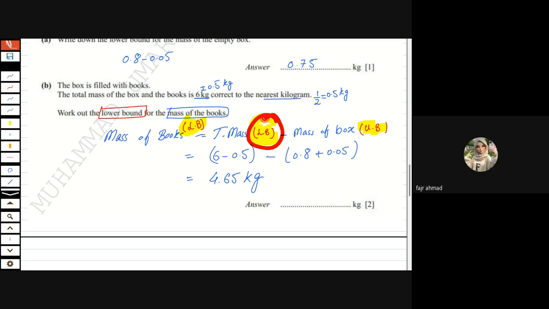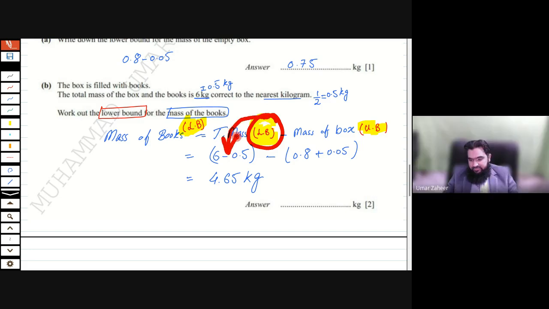Okay, sir. For lower bound, obviously we need to subtract. For the upper bound, I need to add. That's why I have to write first the general statement, and after that I have to look whether it is a case of addition, subtraction, multiplication, or division. And obviously, for lower bound, subtract them, for upper bound, add them simply.